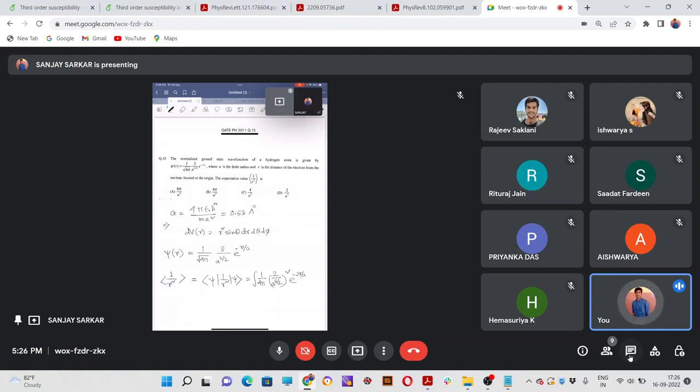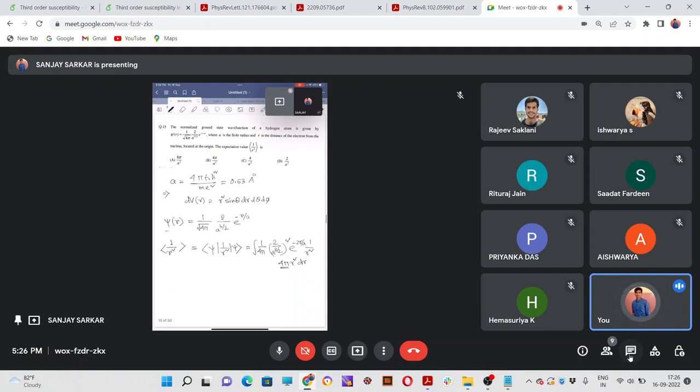If we square it, then e to the power minus r by a becomes e to the power minus 2r by a, and 1 by r square, and then the volume element. But since this psi is only dependent on r, we can write the volume element as 4 pi r square dr, because there is no theta or phi dependence.